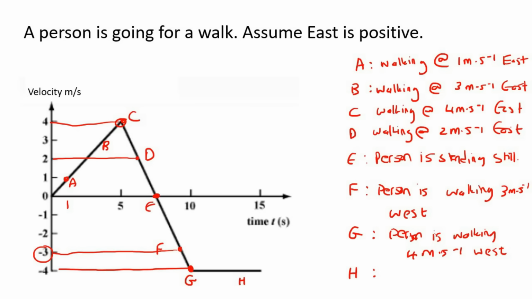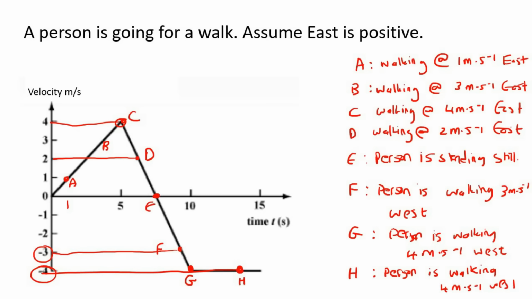How is it not the same? Well, look at point H. If you look at point H, what is the velocity? The velocity is still 4 meters per second. So the person can't be standing still, they're walking 4 meters per second, and they're still going west. So can you see that when the graph is going like this, the person is getting faster and faster and faster?